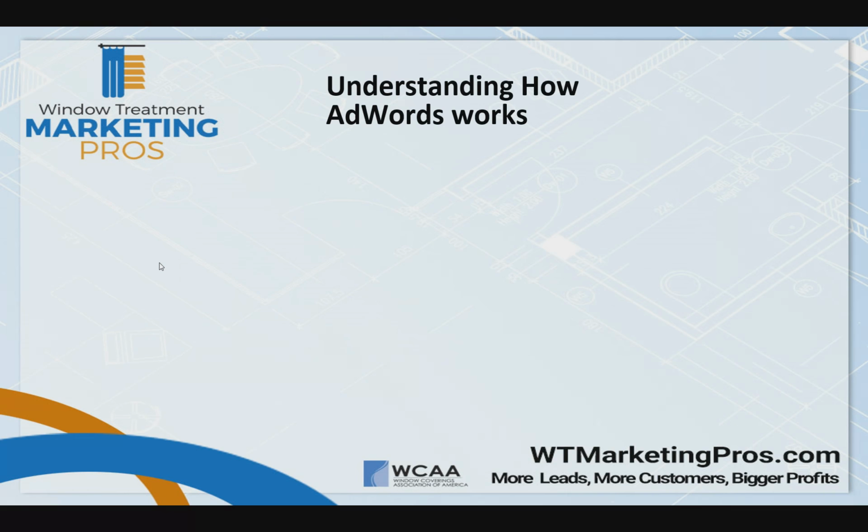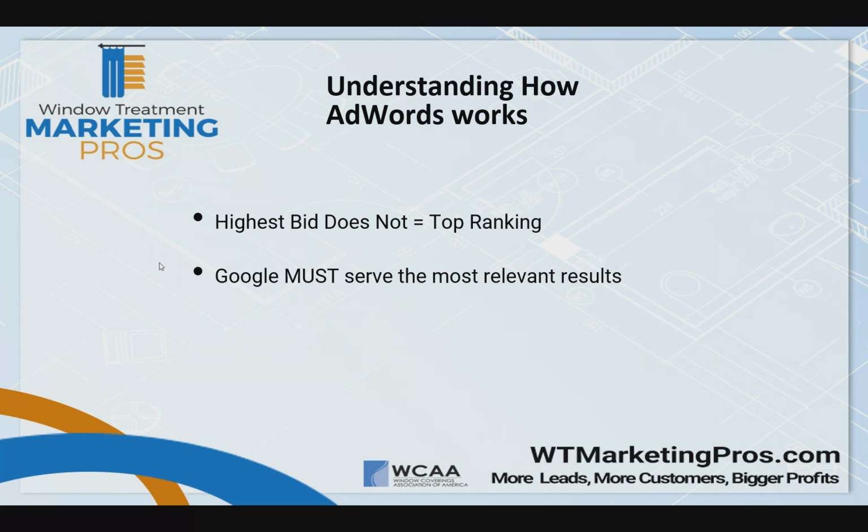So let's talk a little bit about how AdWords or Google Ads works. The highest bid does not always mean the top ranking, and that's because of something called quality score. Google must serve the most relevant results.